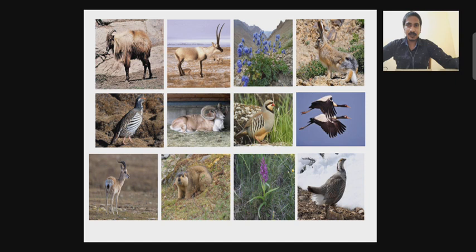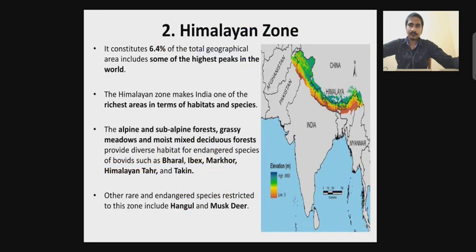Here you can see the mountain goat, and you can see the black-necked crane, the hispid hare, etc. Next is your Himalayan zone. It constitutes about 6.4% of the total geographical area, and it includes some of the highest peaks in the world. The Himalayan zone makes India one of the richest areas in terms of habitat and species.